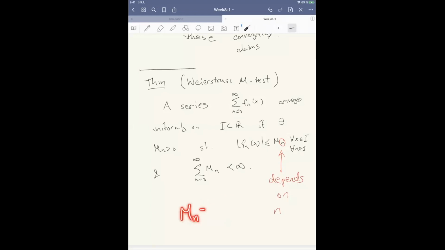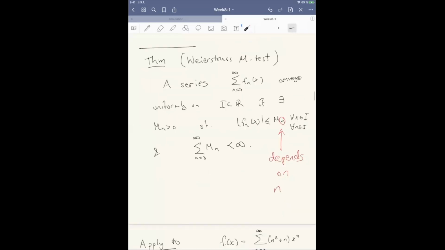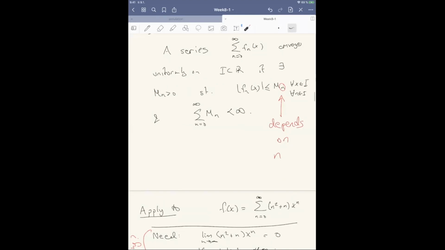So we'll look at M_n of the form C a^n, where a is in (0, 1). And we'll get that this finiteness comes from the geometric series. So these are the tools.